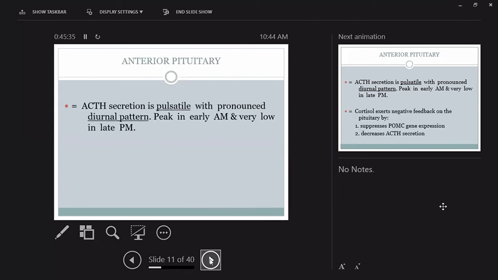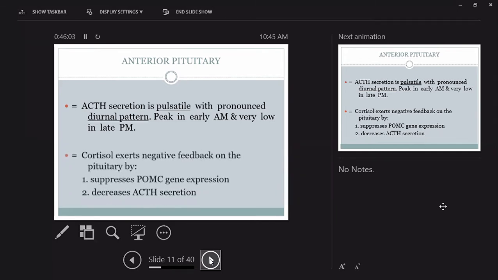ACTH secretion is pulsatile with a pronounced diurnal pattern, peaking in early morning and very low in late PM. That's why you get drowsy around 5 to 6 p.m., because your cortisol is low at that time because of the diurnal pattern.